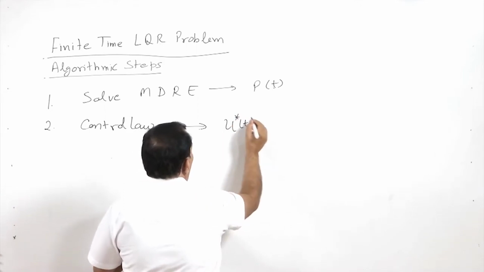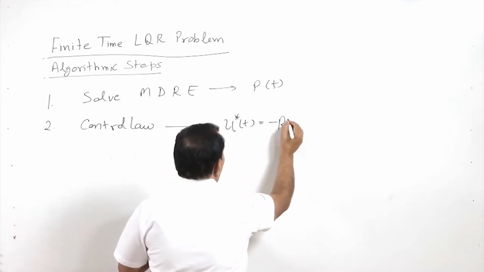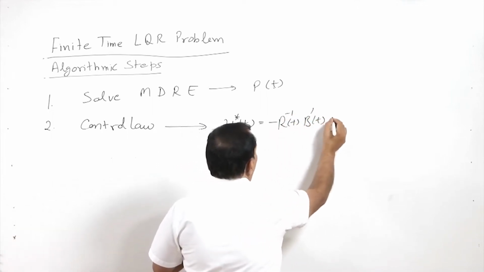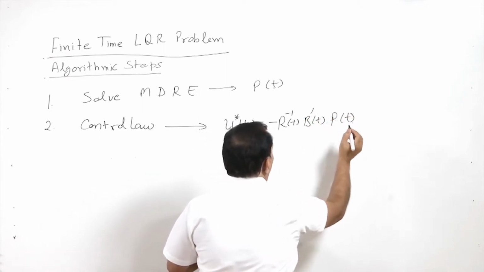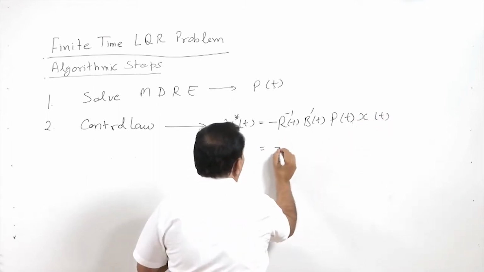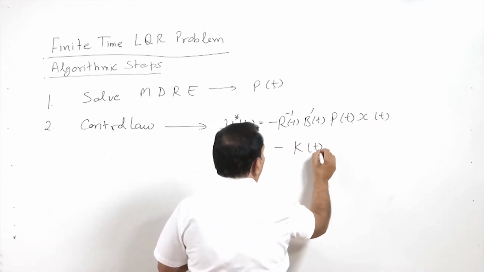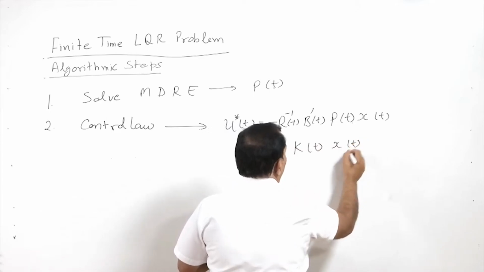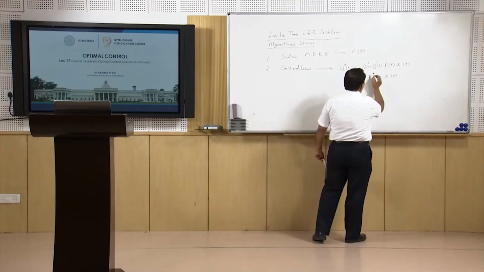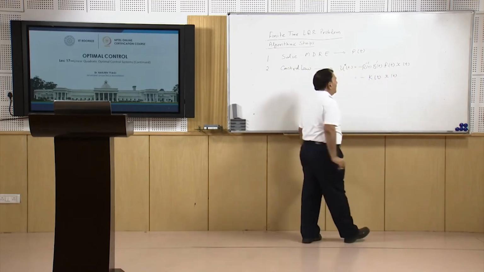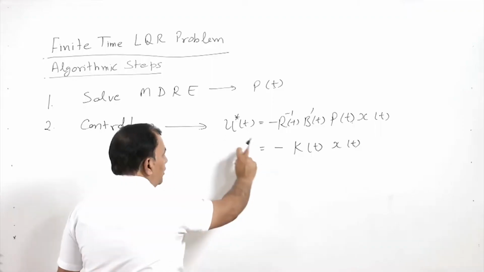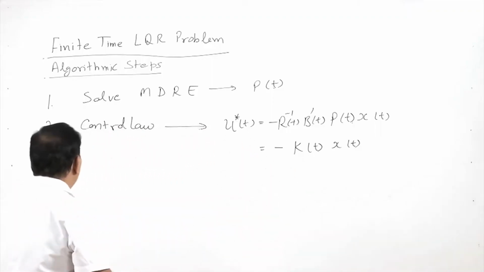My optimal control law will be minus R inverse B transpose PT into x of t, and this I can simply write as KT xt. So, we can determine the KT if we know the value of the PT. So, my optimal control law will be ut equal to minus KT xt.